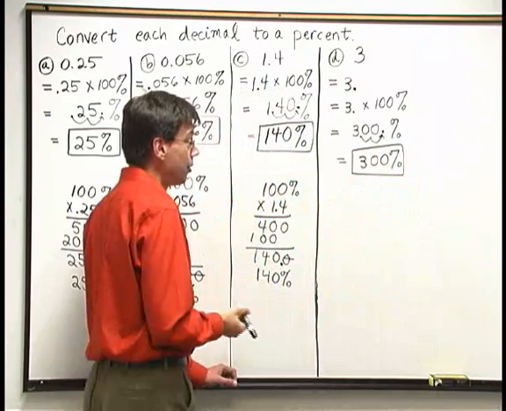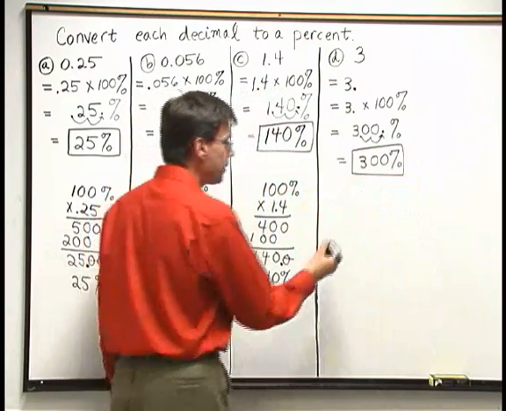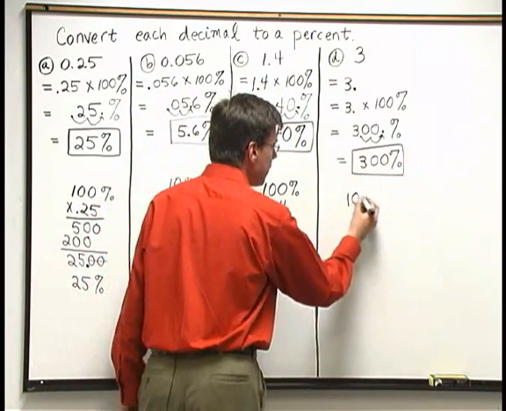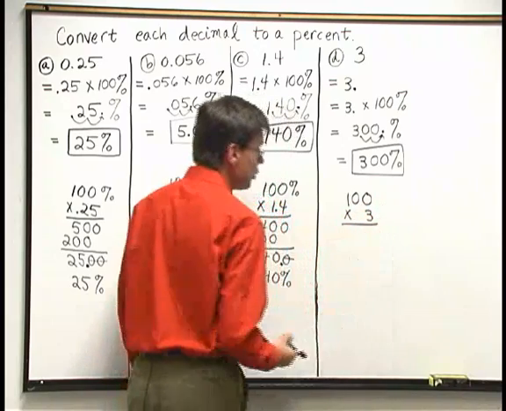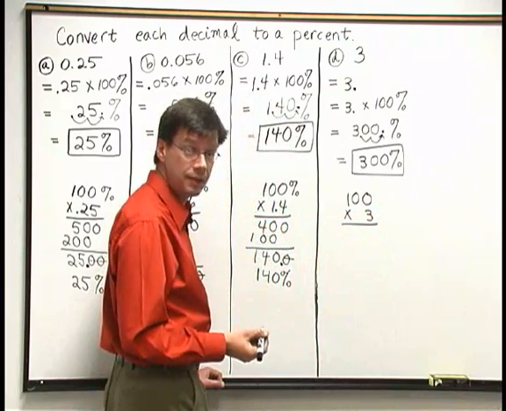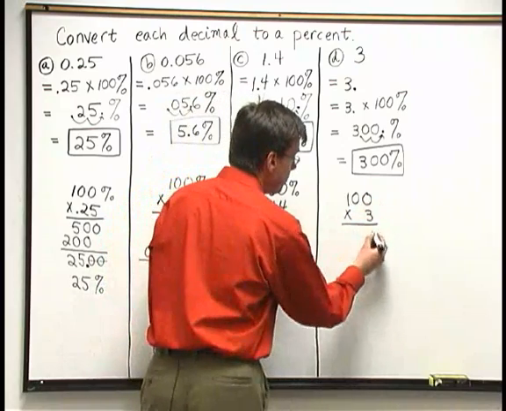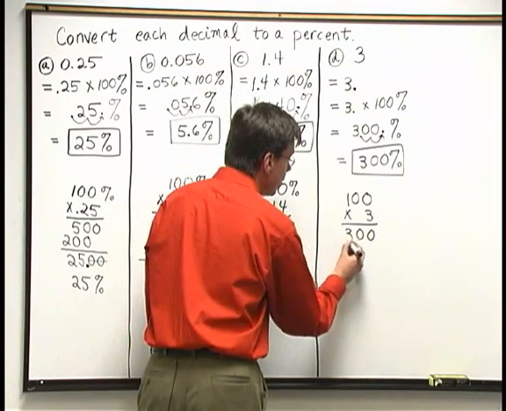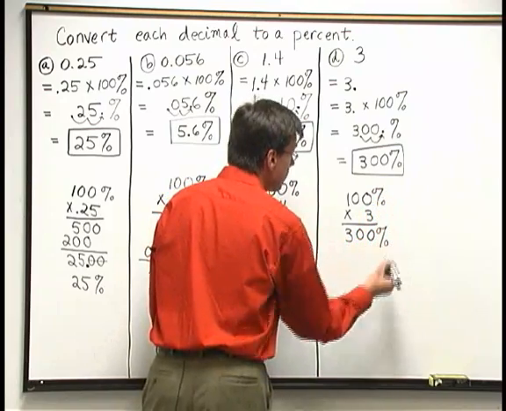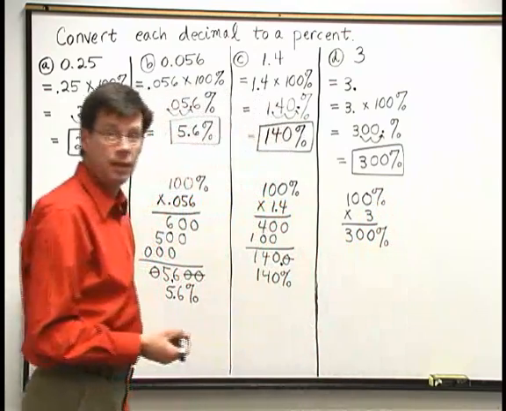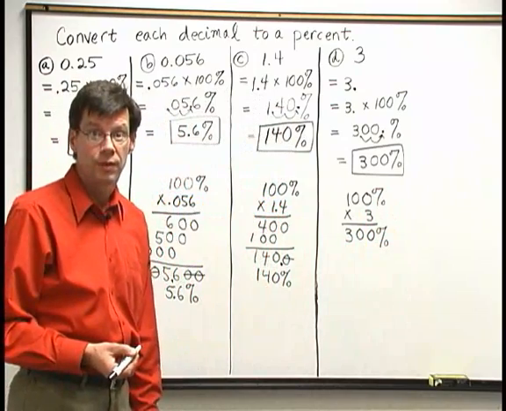Again, the long multiplication way also works here, and in fact, I could have worked this out just doing whole number multiplication without even introducing the decimal point. 100 times 3 is 300, so 100% times 3 is 300%. And there we have our percent forms for these numbers.